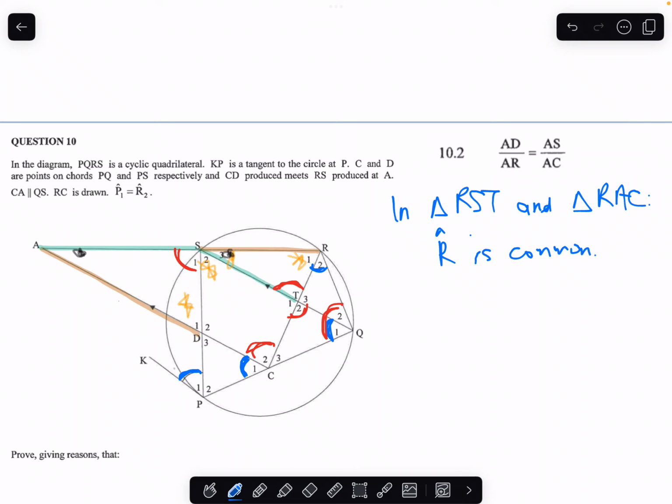We have angle RST is equal to... oh guys, was it right underneath my nose the whole time? Oh, it was, because parallel lines, these two are equal because of vertically opposite, therefore these are equal.